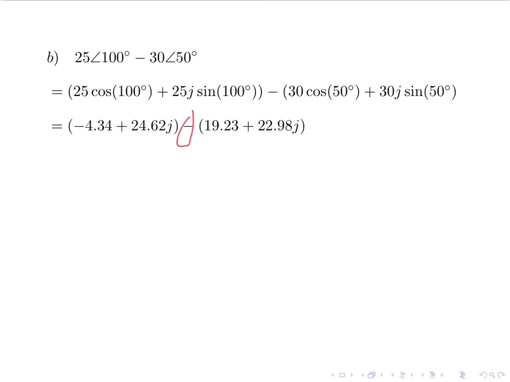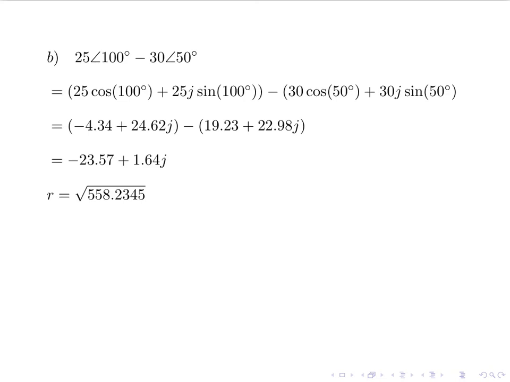I have subtraction here, so I need to make sure that I am distributing that subtraction when I start combining my reals and imaginaries. So negative 4.34 minus 19.23 gives me my negative 23.57, and then 24 minus my 22 gives me my 1.64j. Okay, so again, make sure you're subtracting both of those pieces.